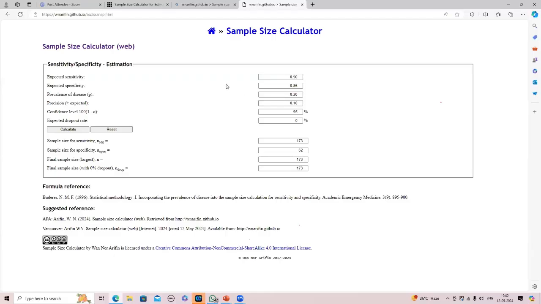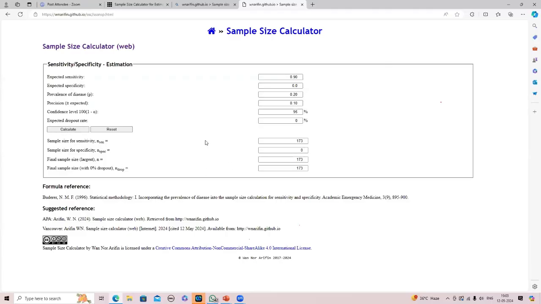Suppose only sensitivity is important and specificity is not important for me, and I am calculating the sample size based on the sensitivity only. Then you can put the specificity as 0 and click calculate.